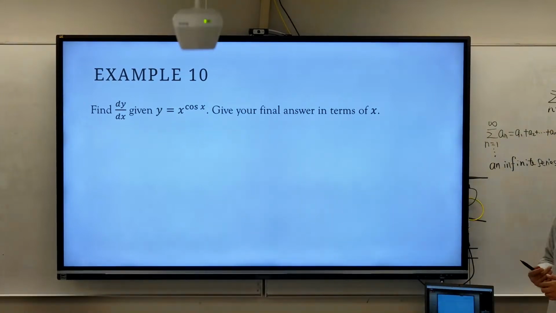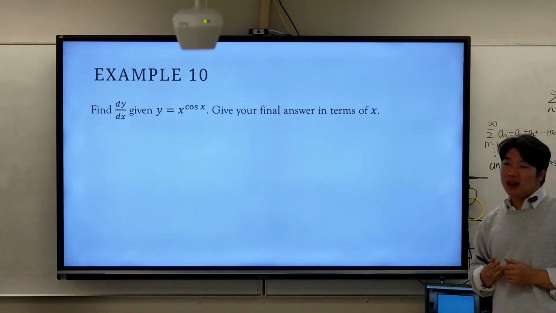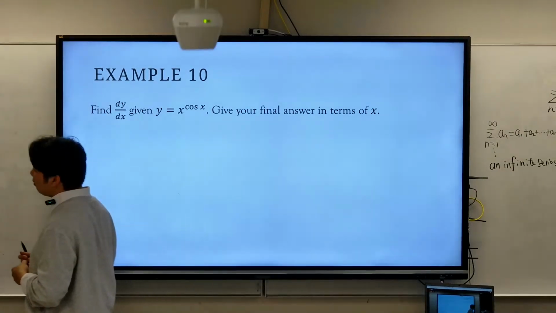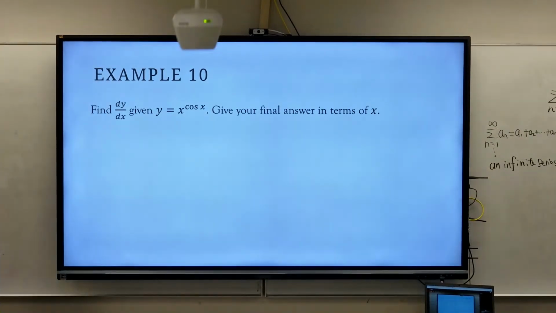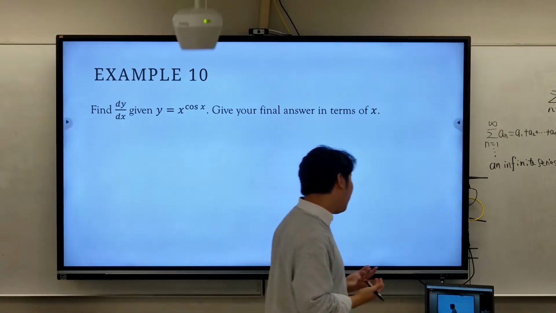So far, we've had x to a constant power. And then we also talked more recently about a constant to the x power. Now, what if I have a variable to a variable power? Something like this. X to the cosine of x, where cosine of x is my power.